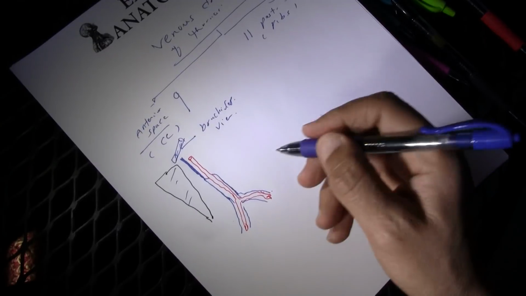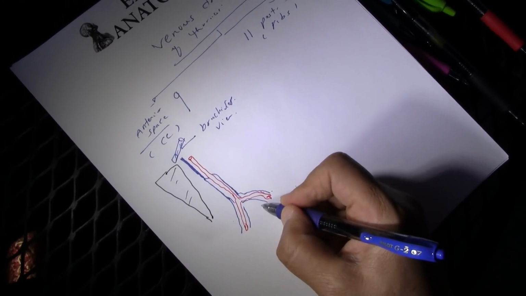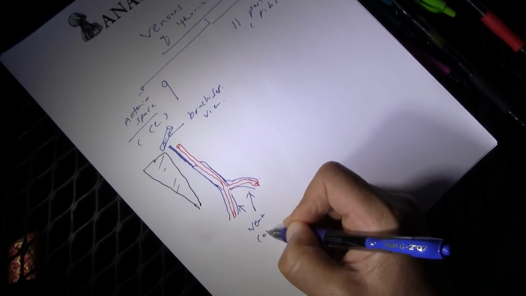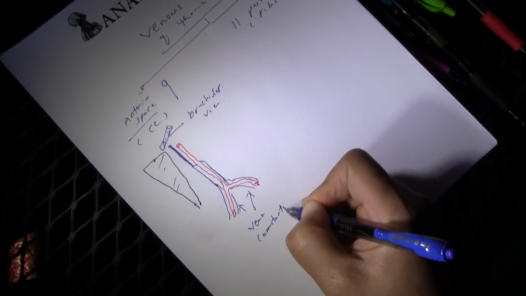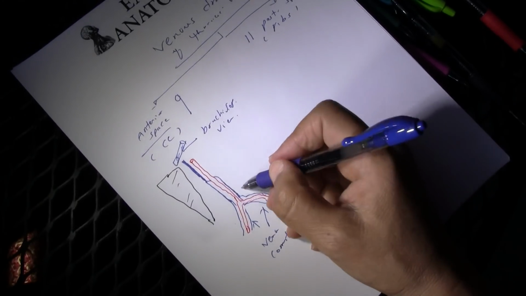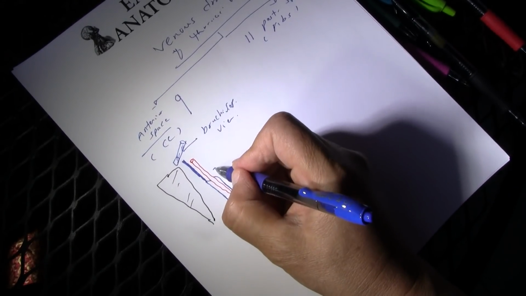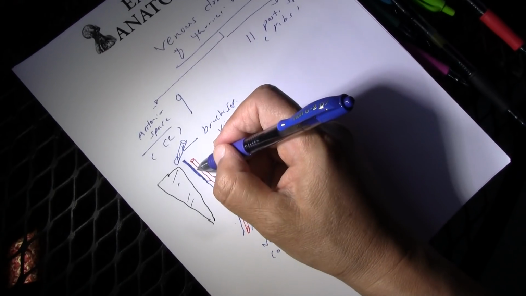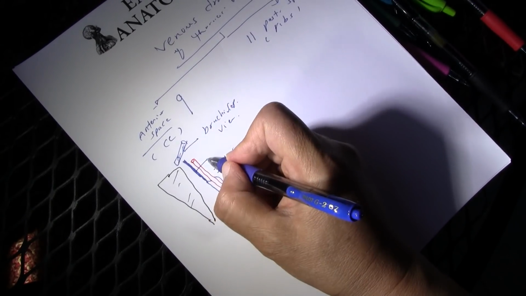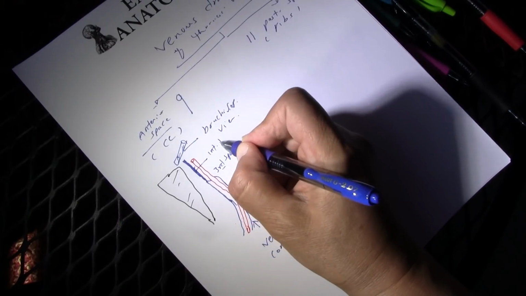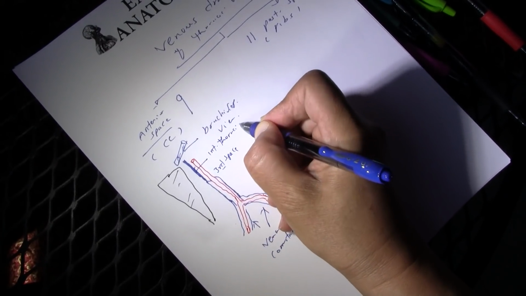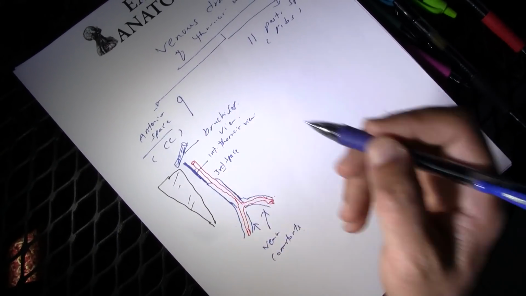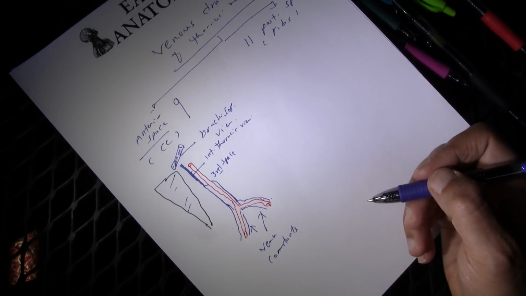Okay. So again, those are what we call vena comitans, surrounding each artery. Then at the third space they join each other and form one vein called the internal thoracic vein, where it ends into the corresponding brachiocephalic vein.